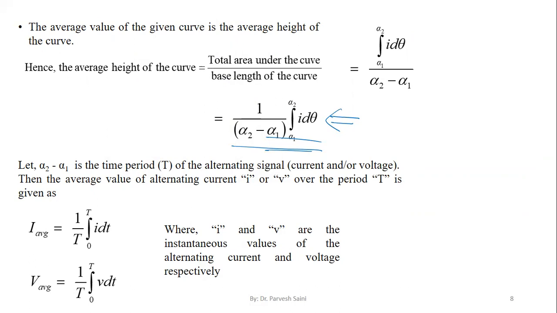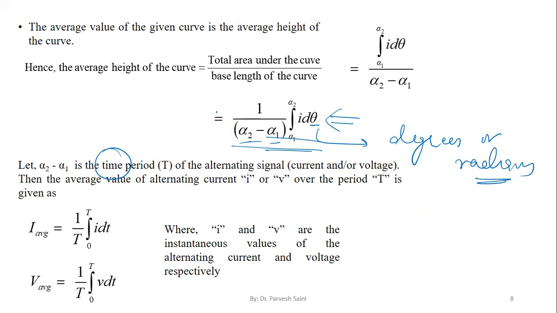Now, if we specify this in terms of time, because here alpha 1, alpha 2, theta are in degrees or radians, we can get the average value of an alternating current or voltage like this. The average value of an alternating current is given by 1 upon T, where T is the base length, meaning the time period, integrated from 0 to T of i dt, and similarly for the voltage.